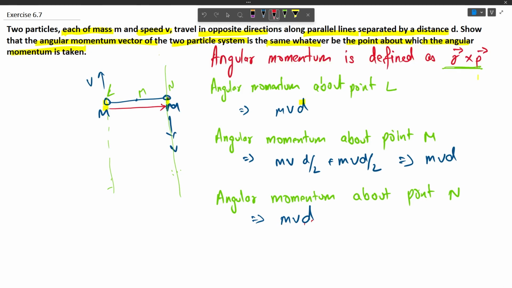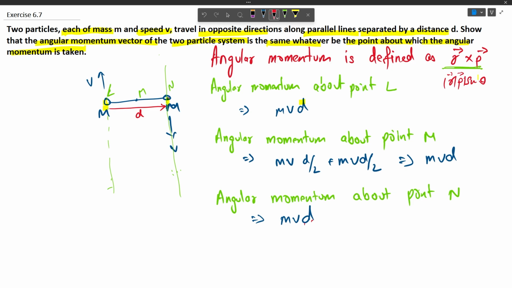The magnitude of this position vector is d, and its direction would be towards the particle at point N. So according to this formula, r cross p, there is a cross product. We know that r cross p is r p sine theta, the magnitude of r multiplied by the magnitude of p multiplied with sine theta, where theta is the angle between these two vectors.